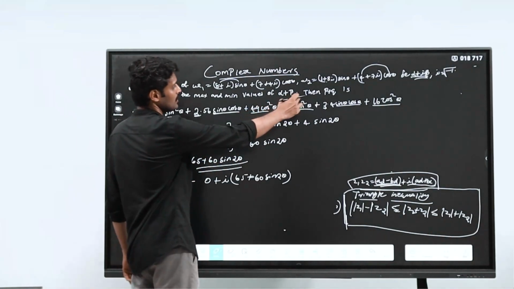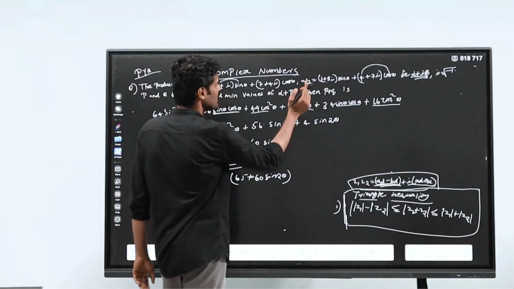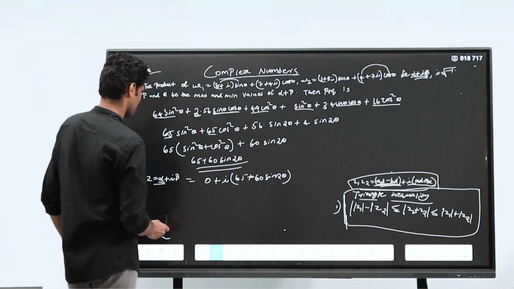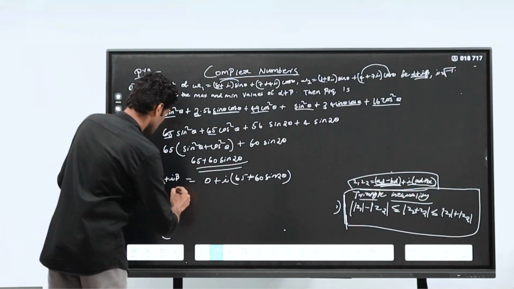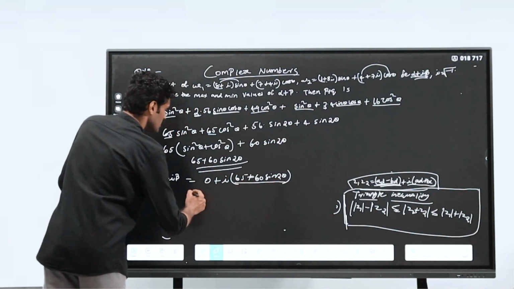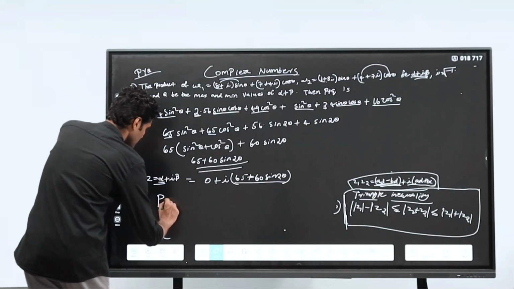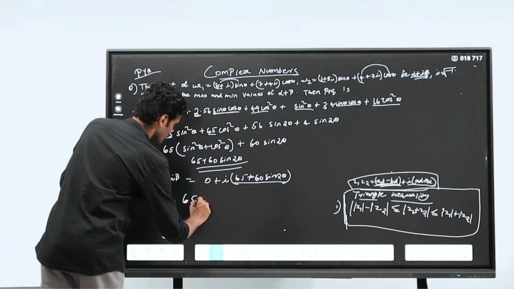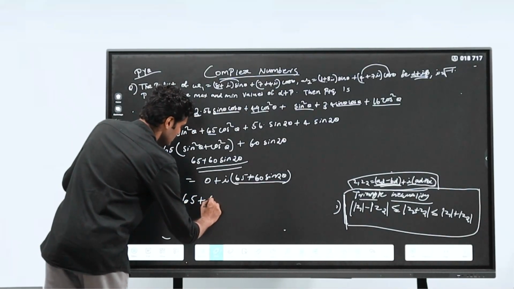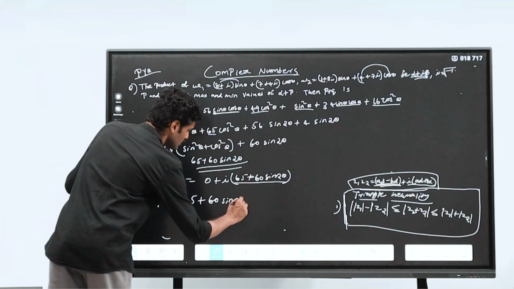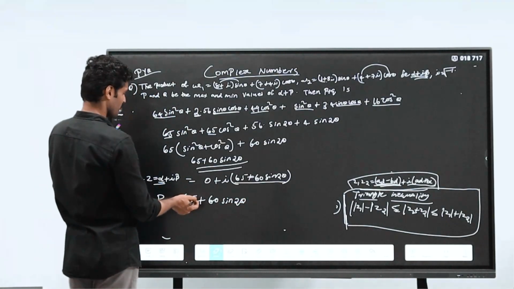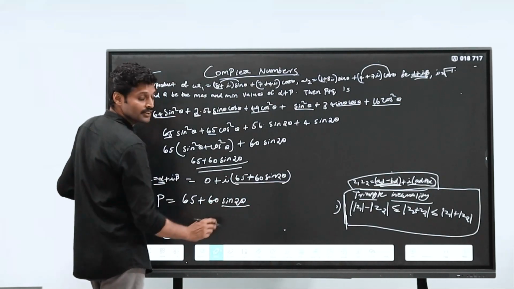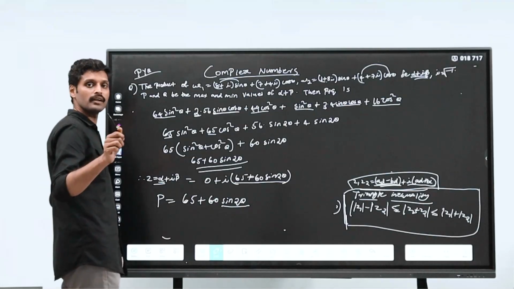Then in the question it is given that P is the maximum value and Q is the minimum value. So what will be the maximum value from this? Here P is the maximum value. Maximum value means 65 plus 60 into sine 2 theta. So for maximum, the value of sine 2 theta should be 1.